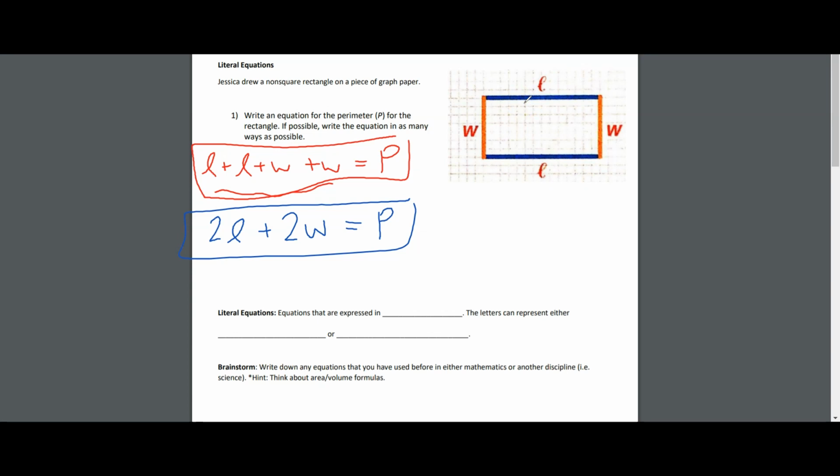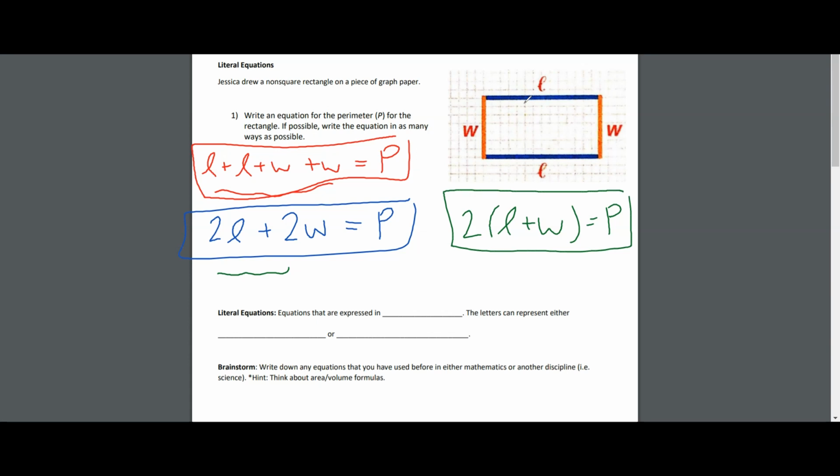We haven't talked about it yet in this course. Maybe you've been introduced to it in a pre-algebra course, maybe in your middle school math courses. But what we could do is factor this 2 from both the L and the W term. So another way we could write this is 2 times the quantity L plus W is equal to P. So there is our third equation for perimeter.